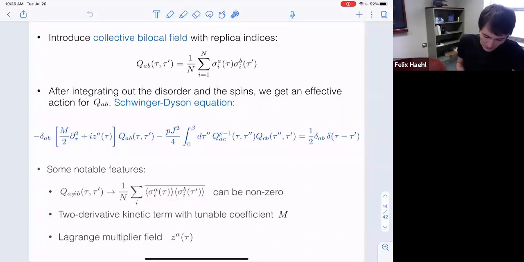But because we are considering bosons, you can now get a non-zero value for these off-diagonal terms. Another point to be aware of is that the kinetic term here now has a coefficient m, which is a free parameter of the model. And finally, there's a Lagrange multiplier Z that shows up in this equation of motion.